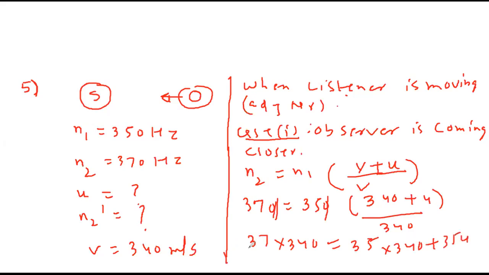So 37 into 340 minus 35 into 340 equals 35u. Now 340 we can take common so that calculation will become easy. Just copy this.